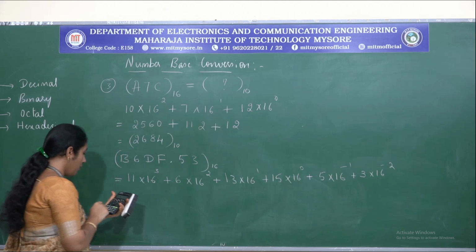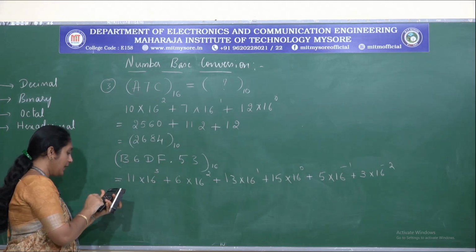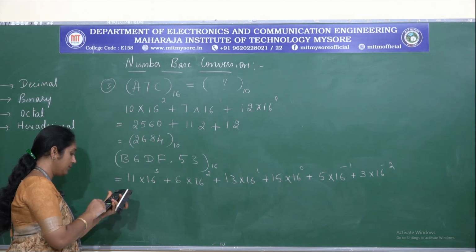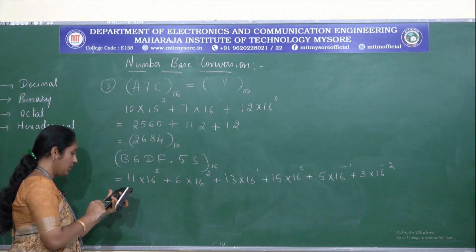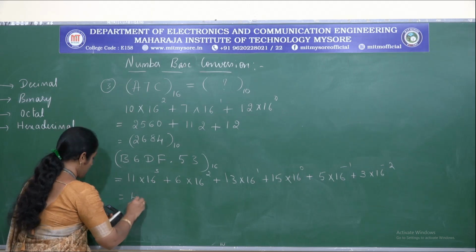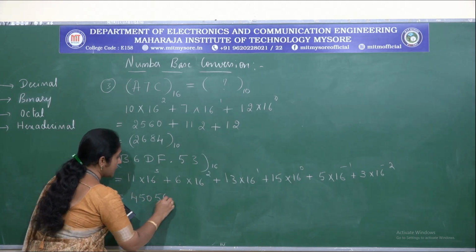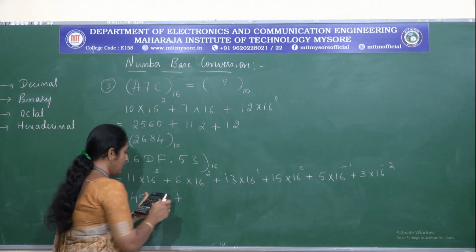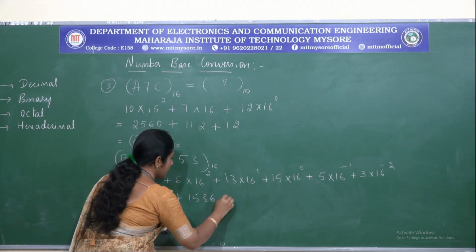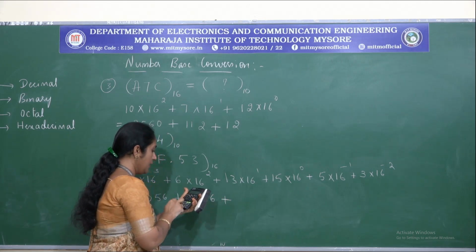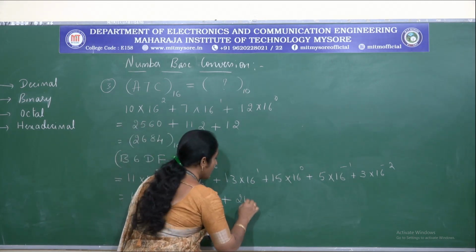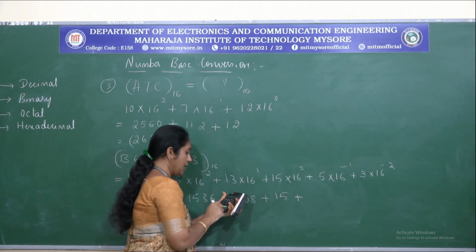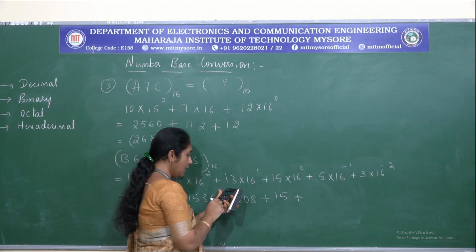So now let us find out. 11 into 16 power 3 is 45,056 plus 6 into 16 square is 1536 plus 13 into 16 is 208 plus 15.